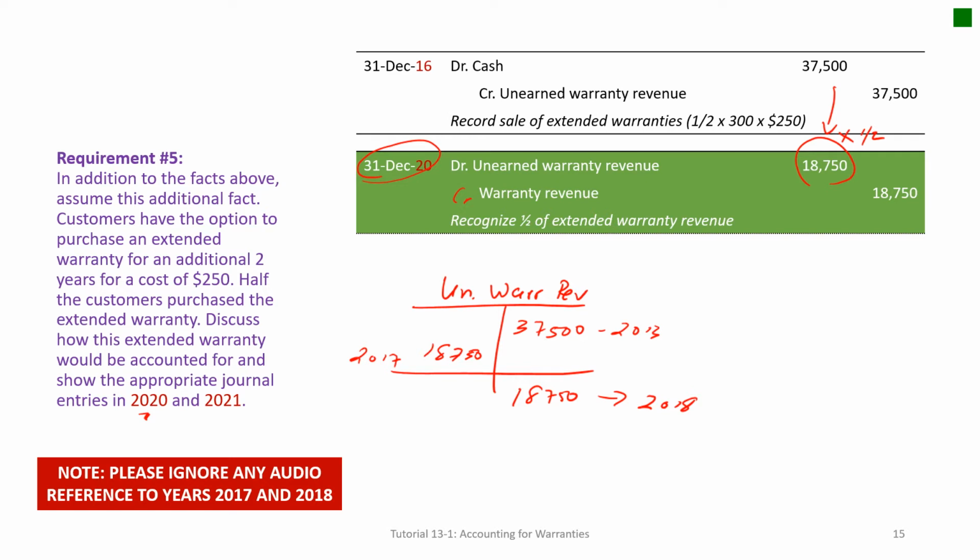And so if we had a T account for the unearned warranty revenue at 2013, we would have $37,500. Now we can earn half of it, $18,750, leaving a balance of $18,750 to carry forward, and we recognize that in 2018. This is 2017.